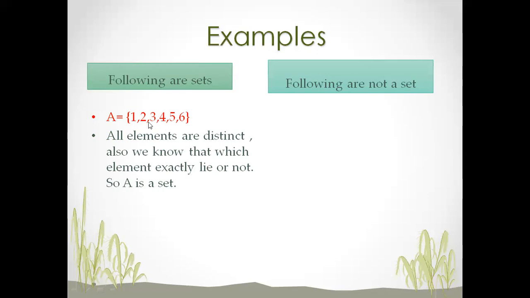So this satisfies both conditions, distinct and well-defined, and by the definition of a set, a distinct and well-defined collection is a set. That's why this collection is a set, and we name this set A.